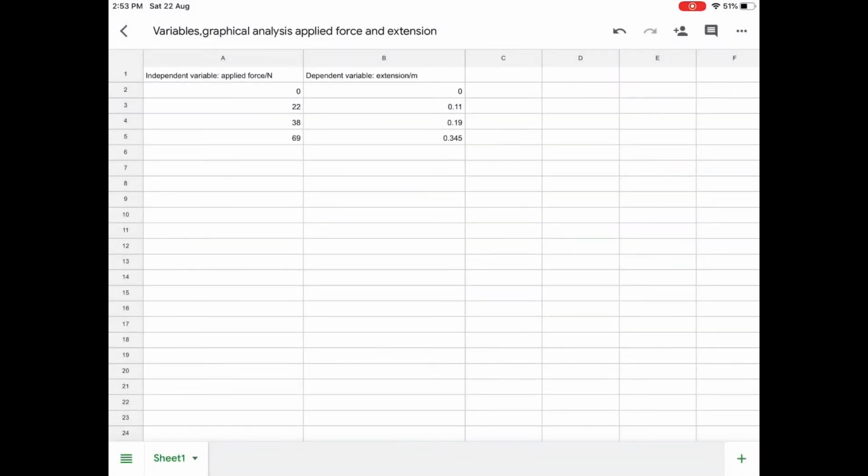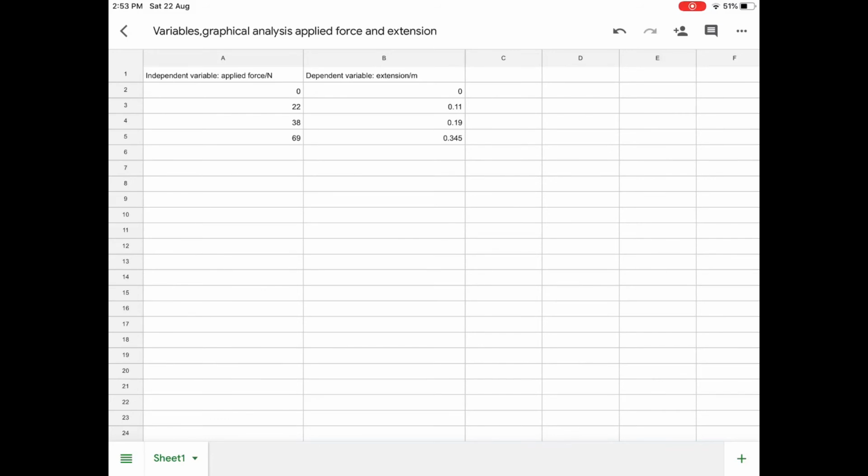Here is the initial value, that is if you do not apply any force on the system, then the extension will be 0. And then there are 3 more sets of the applied force and the extension. And we better put it in this way.